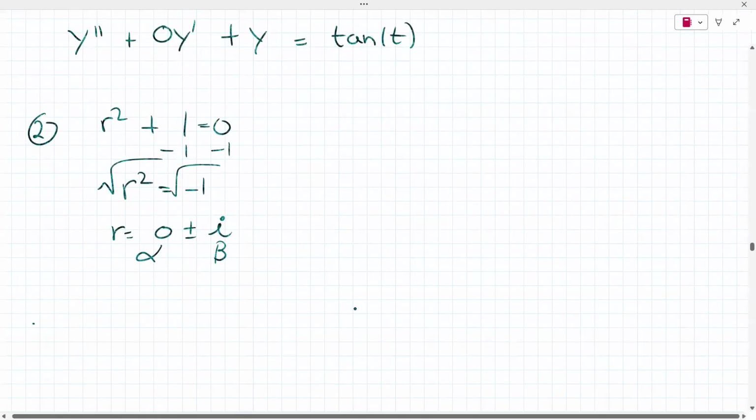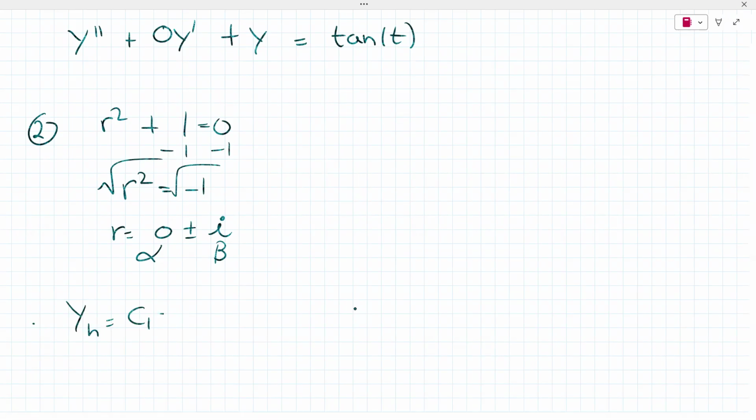So my yh is going to be c1 e^(0t) cosine of t plus c2 e^(0t) sine of t.